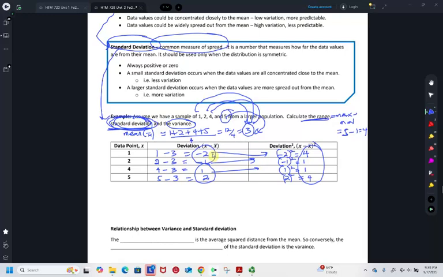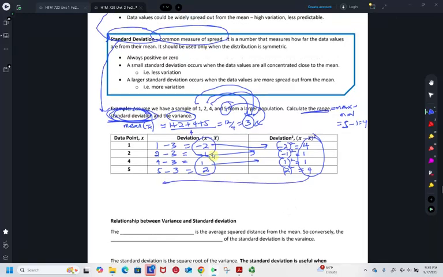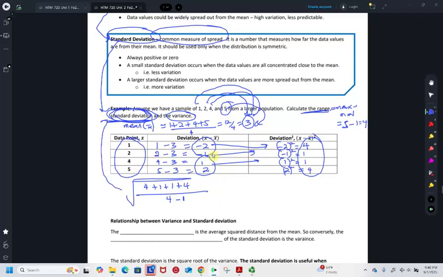Now, these are all the squared deviation values. If you calculate the sum of all of these numbers, and you divide by how many numbers did we have originally? 4 values. So I'm going to say 4 minus 1. We usually take away the 1 to complement something called the unbiasedness of an estimator. And in this case, you take the square root. What you have is the standard deviation.